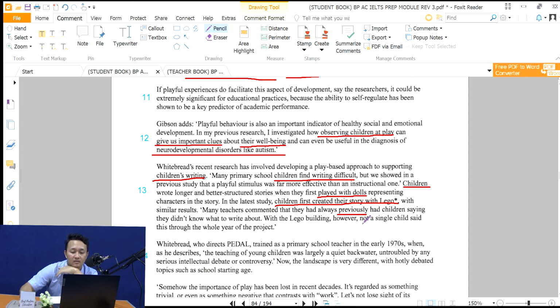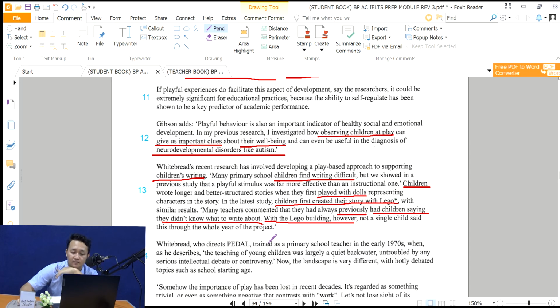Right, yeah. So before they wrote with the Lego, the children said that they didn't know what to write about. With the Lego building, however, not a single child said this through the whole year of the project.